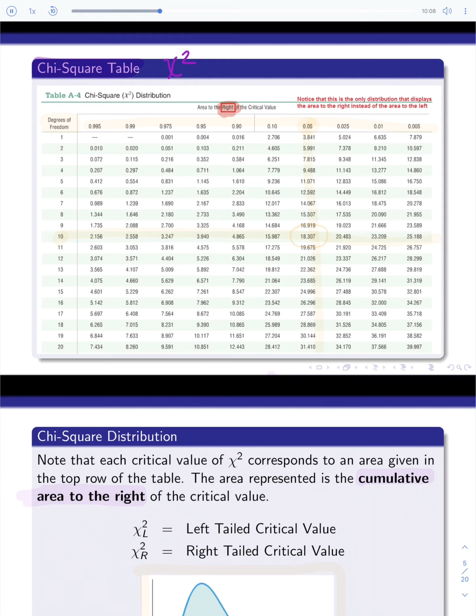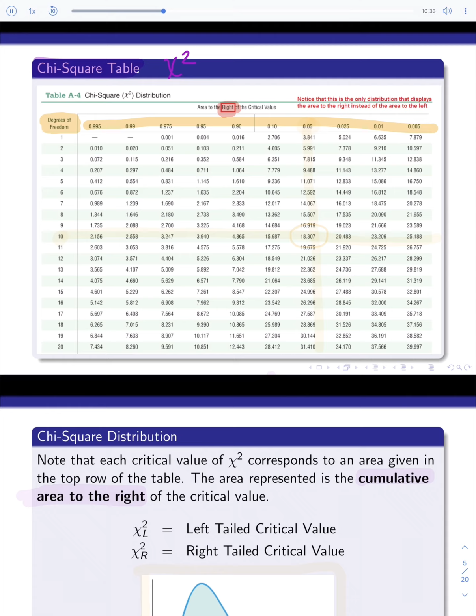So, we do need to be careful when we use our chi-square distribution table that we're looking at areas to the right. However we're going to use it, it's a very, very similar table to what you were doing with the t-distribution table if you used it. You have your degrees of freedom, and then you have your area to the right that you're going to choose.